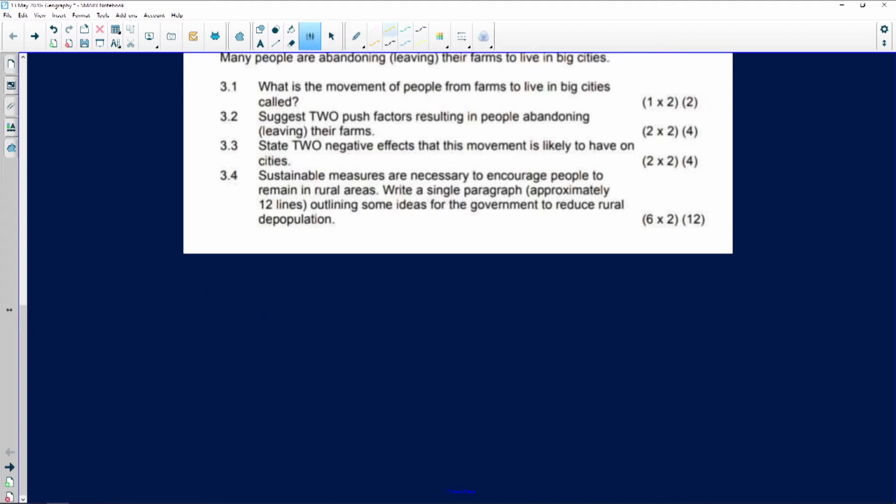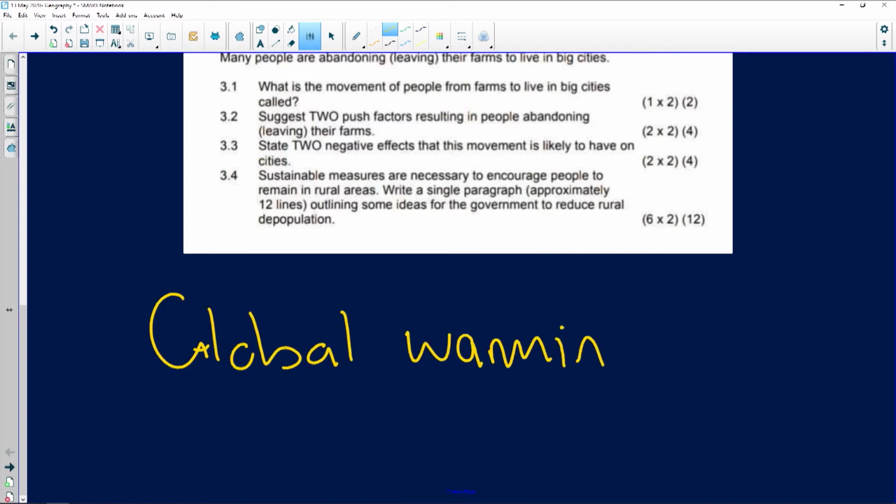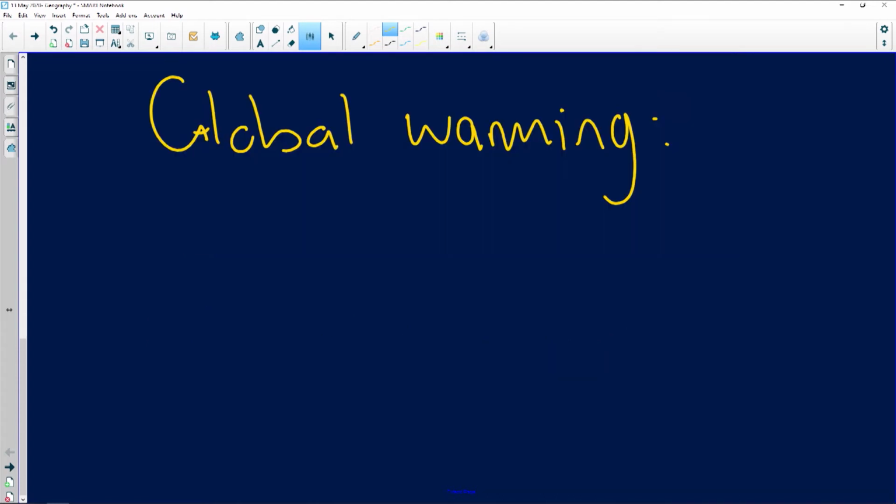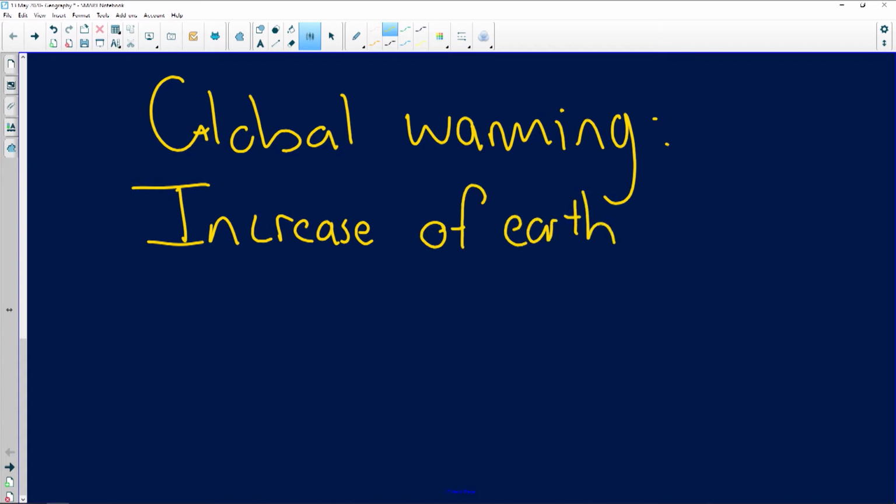Let's get the right color pen. If you can remember correctly, the definition for global warming is the increase of Earth's temperature.